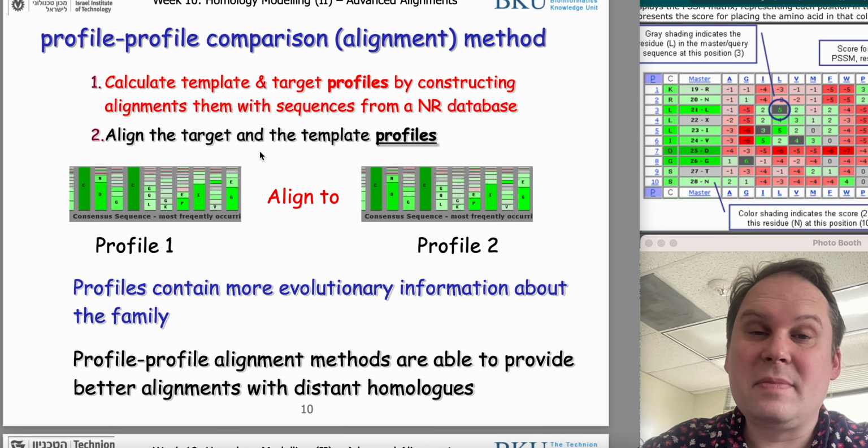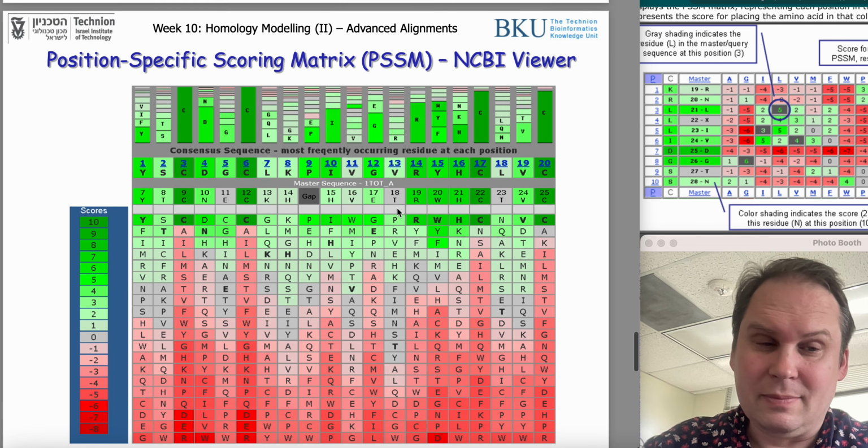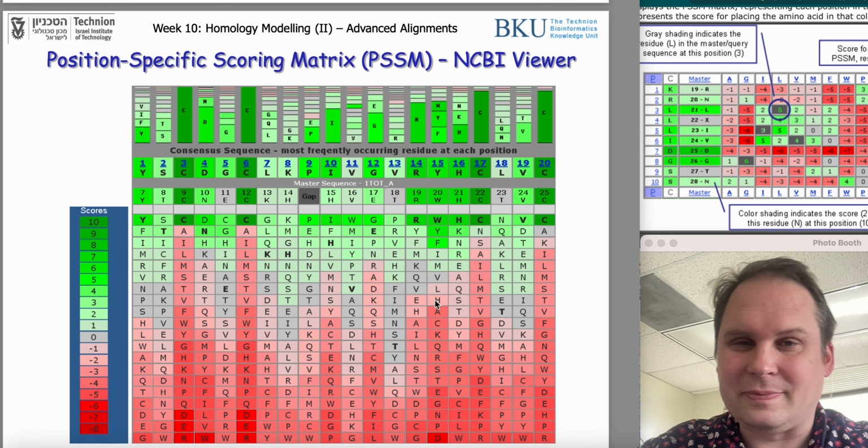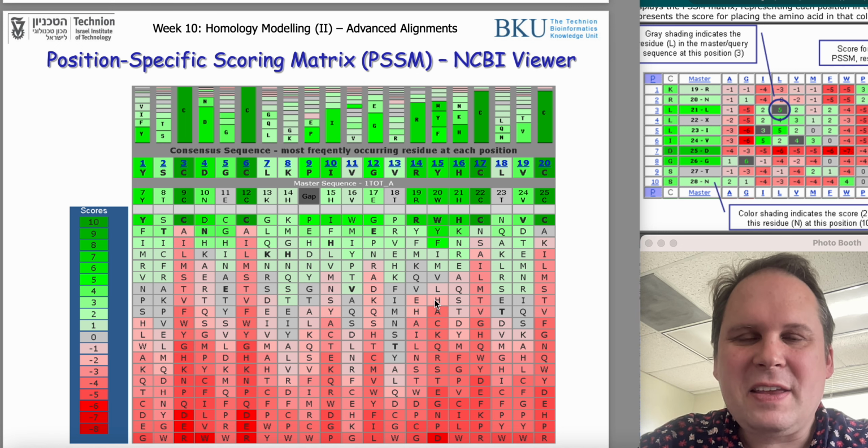Okay, so the name of the game is profile alignment, or profile comparison, and so you've got one profile and you compare it to another profile, and that's great. By the way, looking at this profile, can you tell what kind of protein this is? If you can figure it out based on this and tell me why, that's going to be worth an extra 10 points of extra credit.